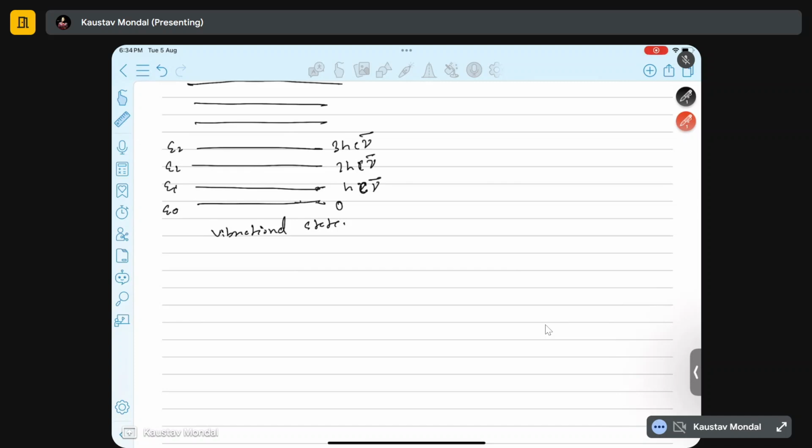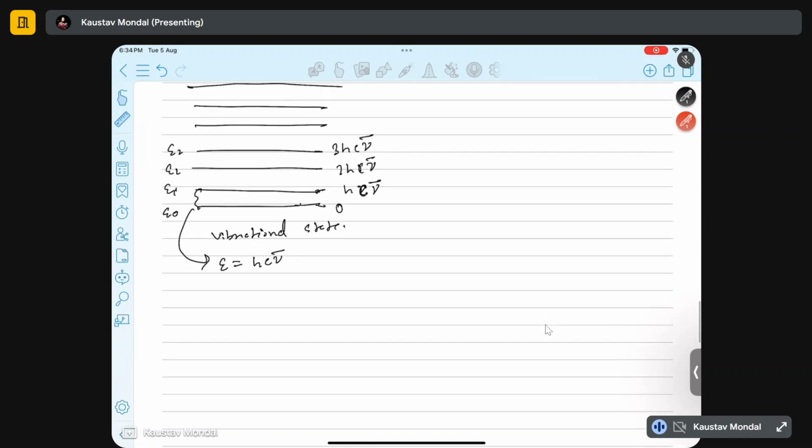So like this, the different vibrational states are separated from each other. That means each energy state is separated by an amount of energy epsilon equal to hc nu bar. So we can consider this problem as a uniform energy ladder kind of problem.